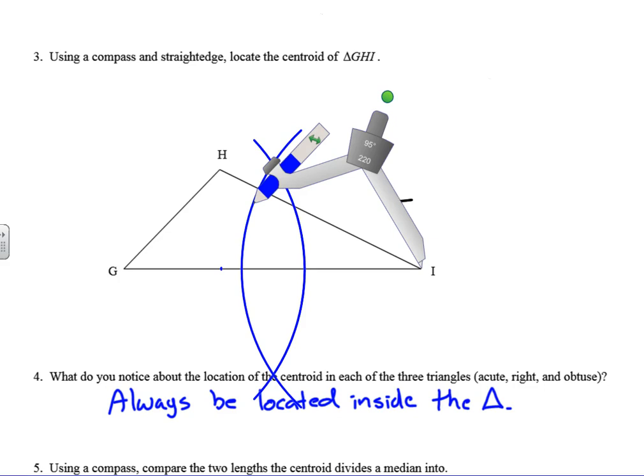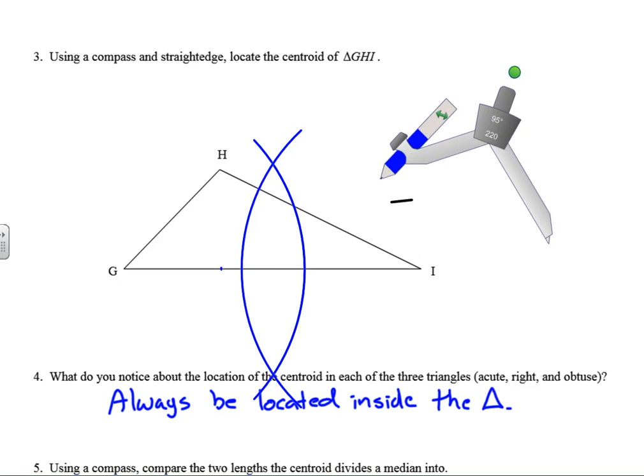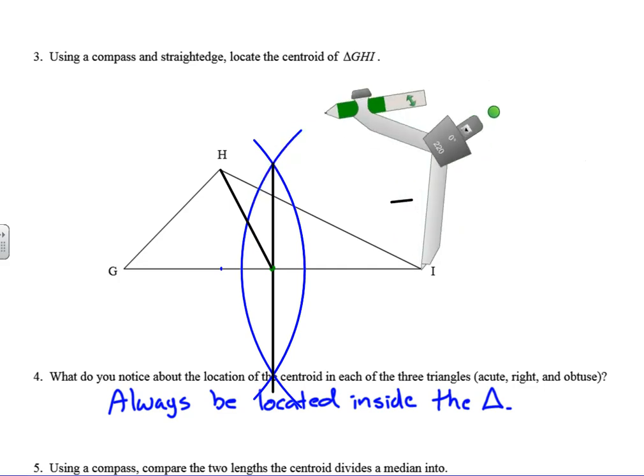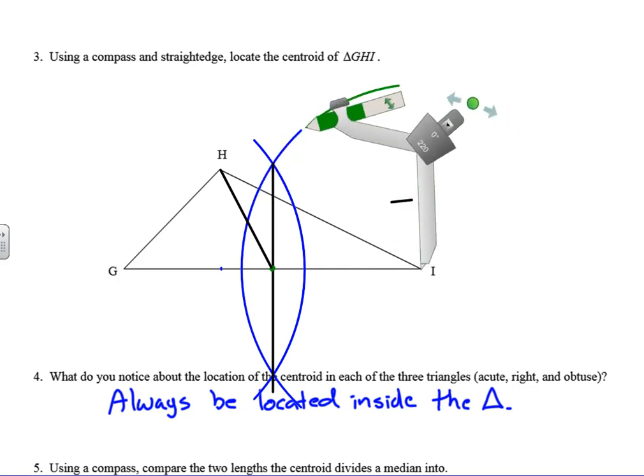If you were doing this, you don't necessarily have to draw the whole perpendicular bisector. If you use your straight edge, really all we need is the midpoint, so we can get the median. Let's do this one over here as our next one. Come down.